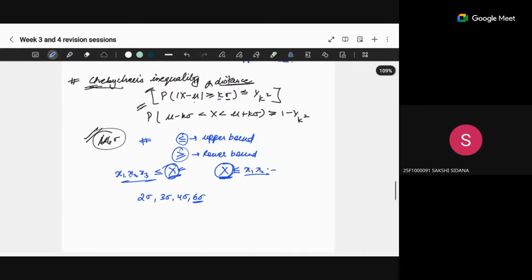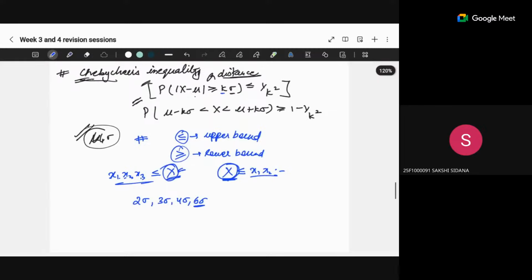Ma'am, here you are talking about some deviation. Can you please explain this deviation once again? You are talking about Chebyshev's inequality. Basically, it is the probability that mod of x minus mu is greater than or equal to k sigma. What is x minus mu? Basically, this is the distance of x and mu, the difference between my x and the mean.